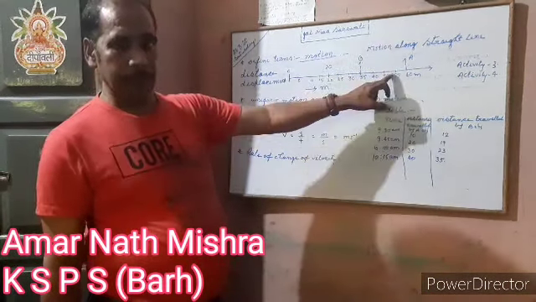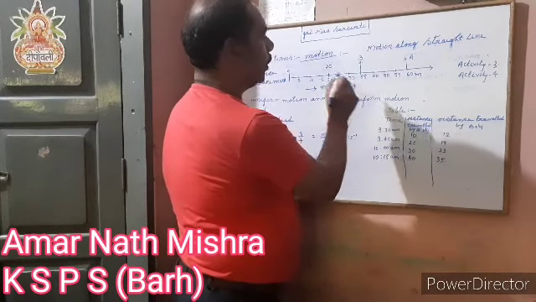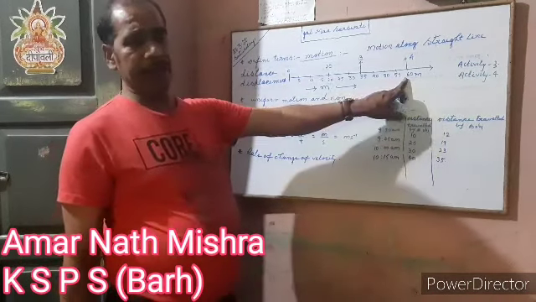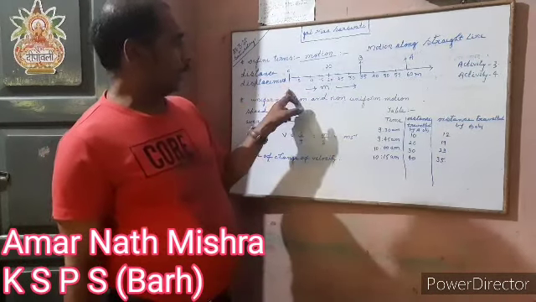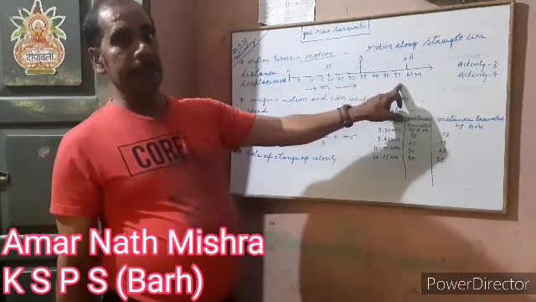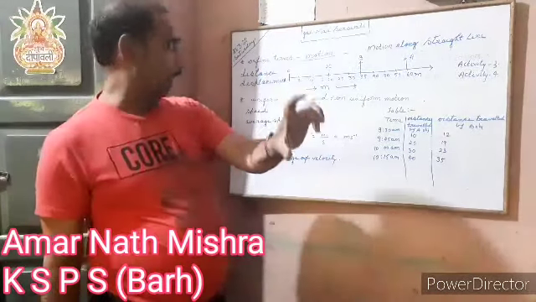Then you will say it is the total distance covered by the object. So the total length covered by the object is called distance.